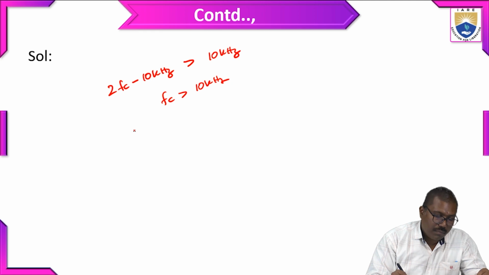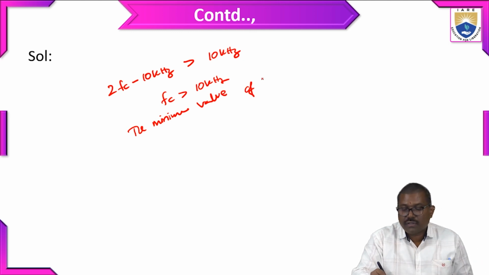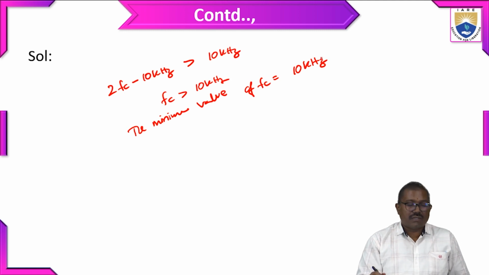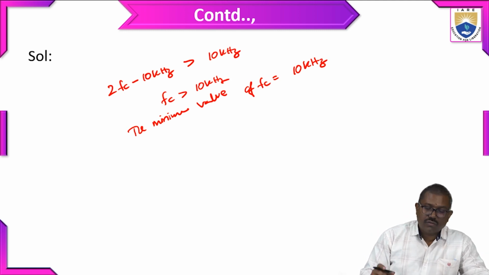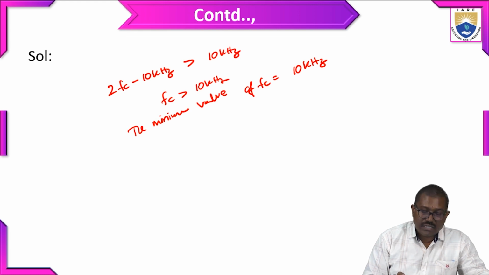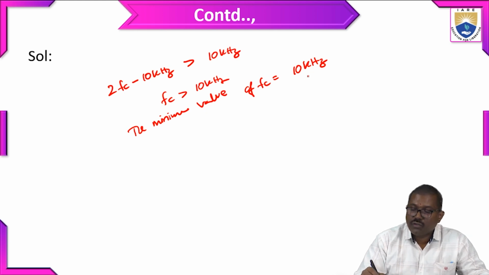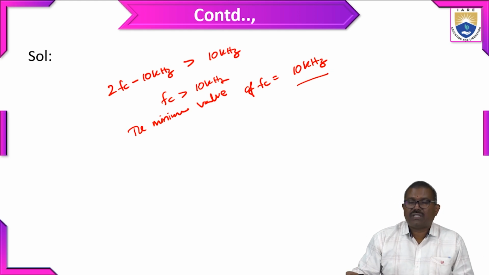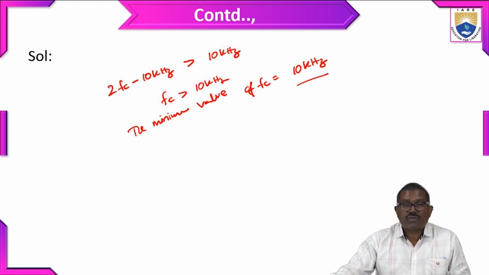So the minimum value of Fc is 10 kHz. Here we recover m(t) by the filter method, so the lowest frequency value is 10 kHz. So these are the solved problems in DSB and AM.